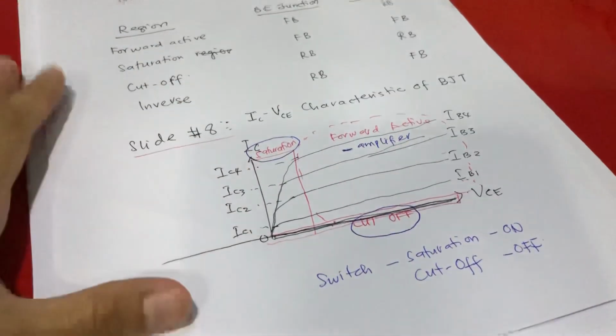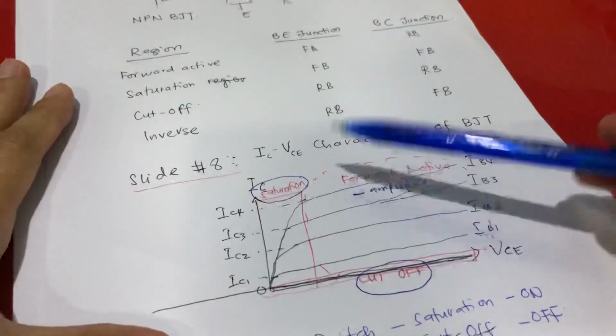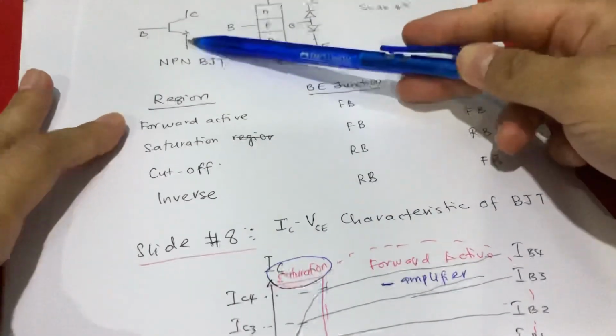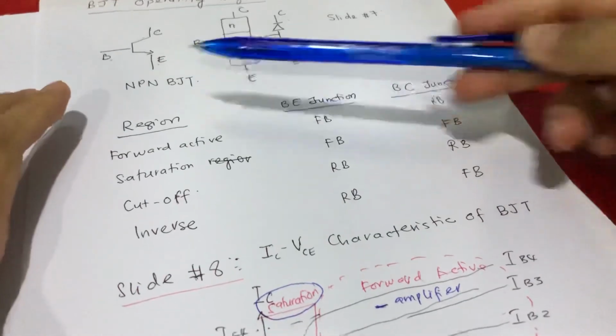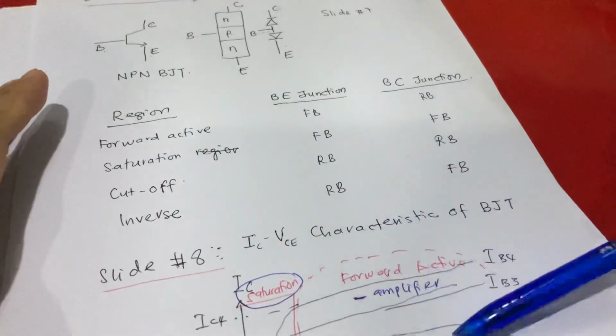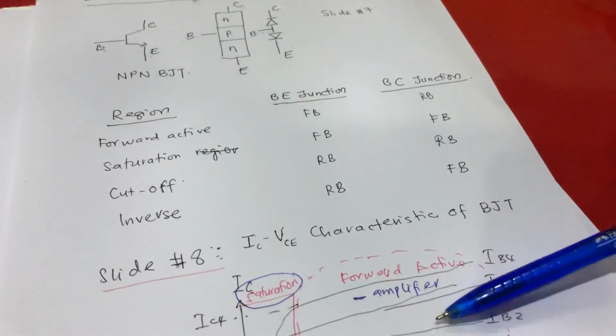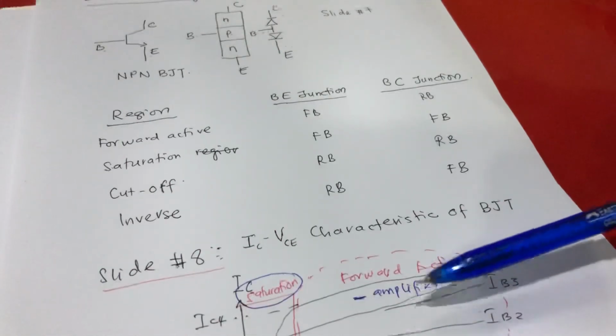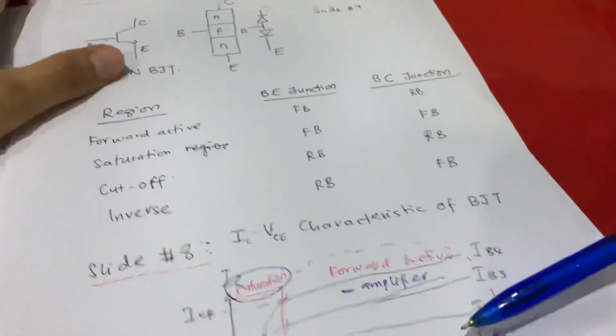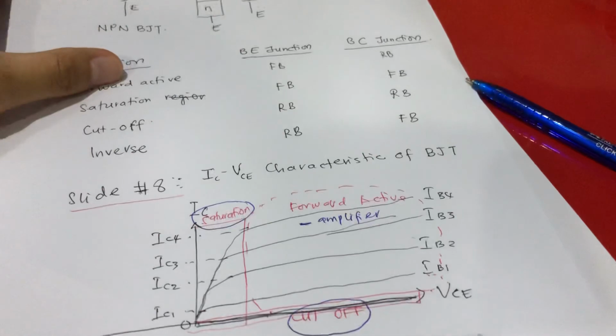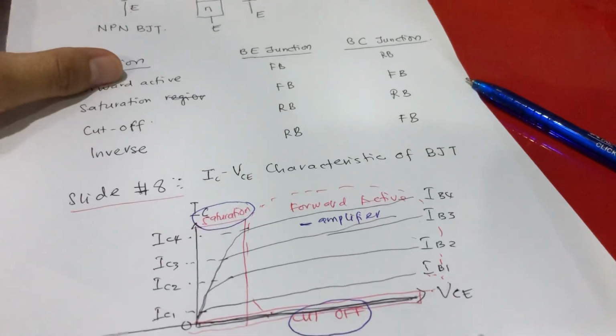So how are we going to make this transistor operate in the region we want? This is why we learn DC biasing. You can look at slides starting from slide number 10. I will pause here.